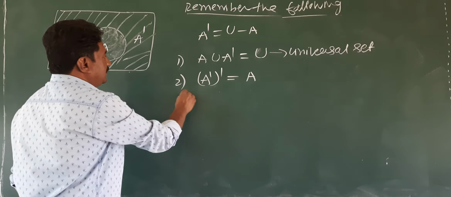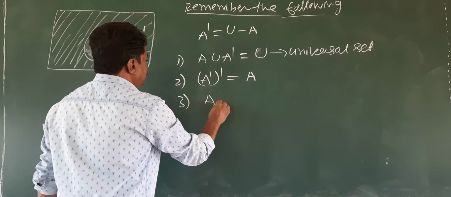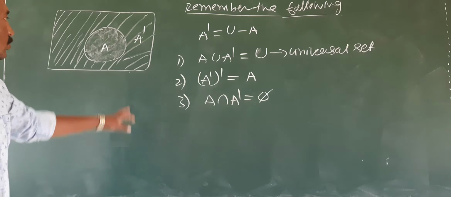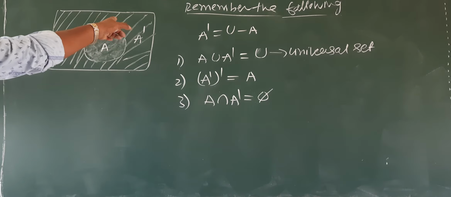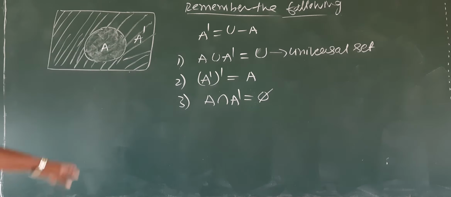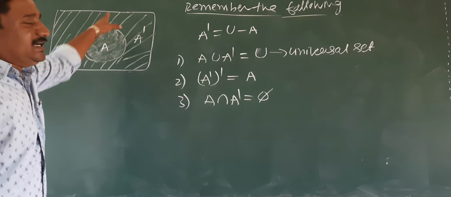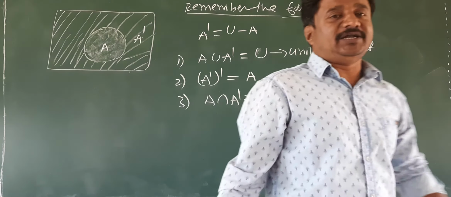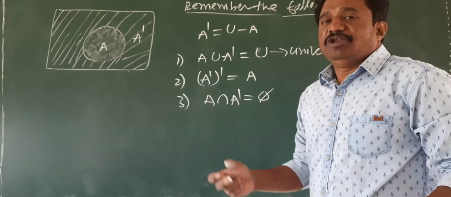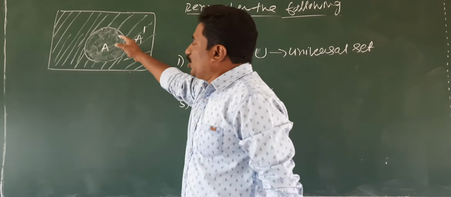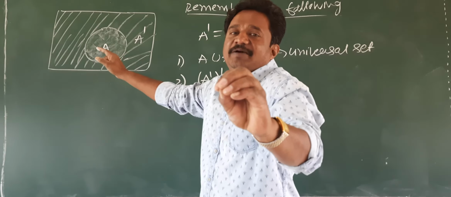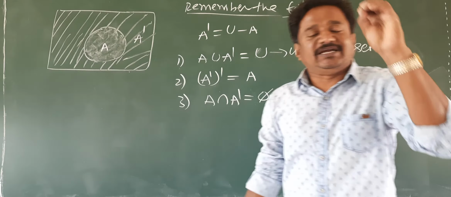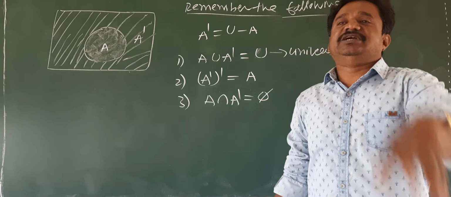Third property: A intersection A dash is always empty. From the diagram, you can easily observe that set A and set A dash are completely distinct sets. Disjoint means there will be no common element. A common element won't be available in A and A dash.